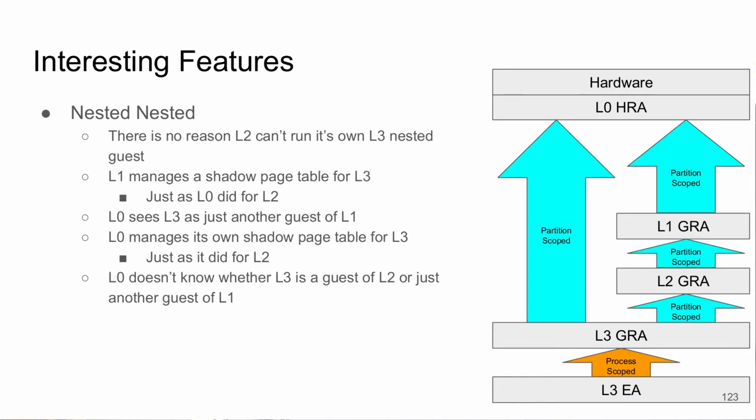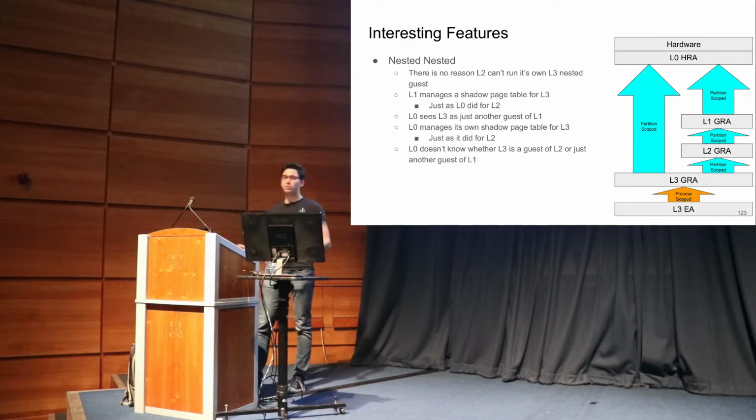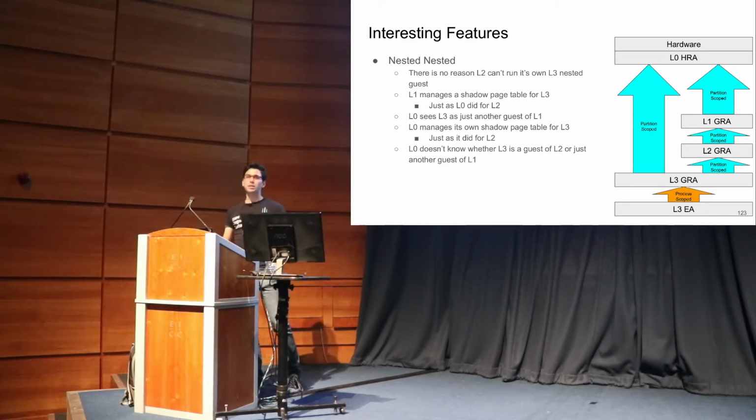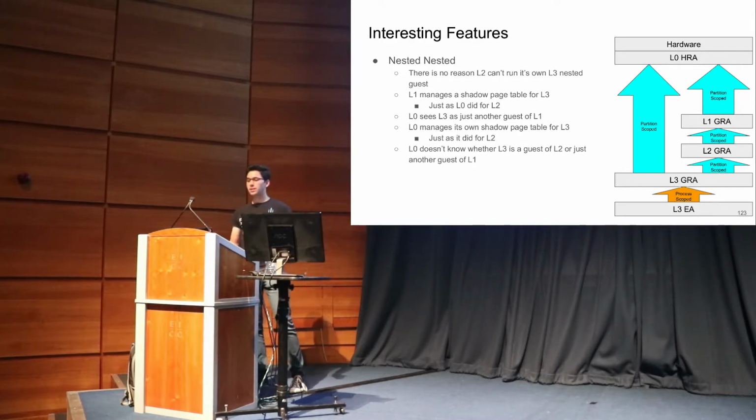Now let's go over some of the interesting features. First of all, nested. There's no reason level 2 can't run its own level 3 nested guest now. Level 1 will manage shadow page tables for level 3, just like level 0 did for level 2. Level 0 sees level 3 as just another guest of this level 1 VM.